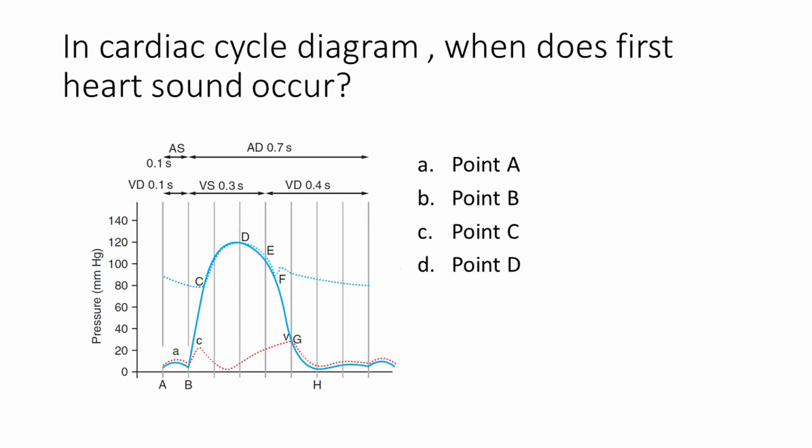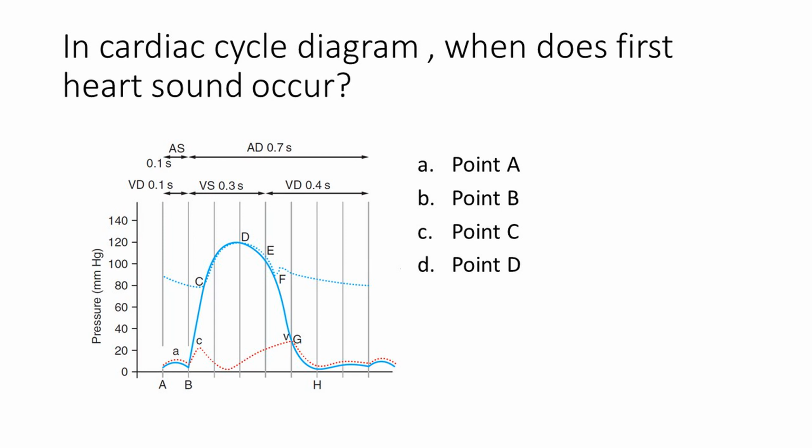Now let us solve some MCQs for assessment of your knowledge. First MCQ: in the cardiac cycle diagram, when does the first heart sound occur? Here in this graph we can see pressure changes in the ventricles, aorta and atria.